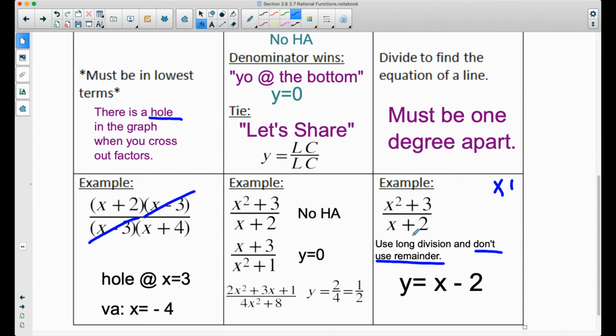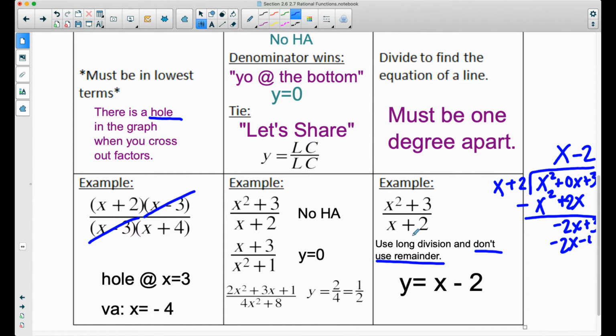So if I did long division, just to show you quickly off to the side, I would end up with a remainder of 7, but I'm not interested in that. I'm only interested in this part right here. So that's how we would get our slant asymptote.